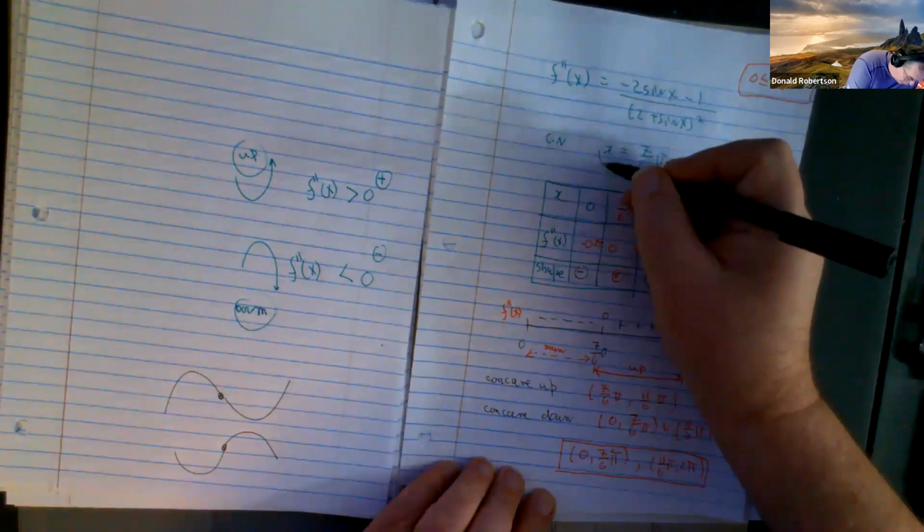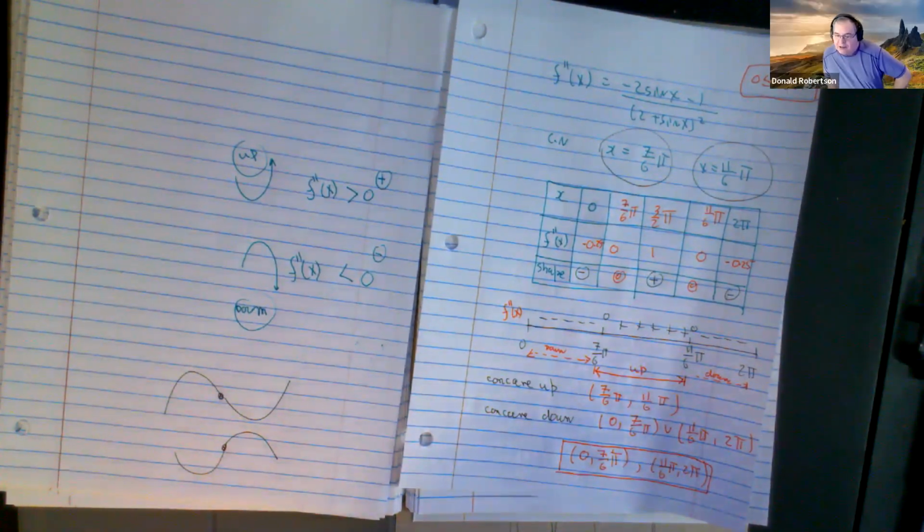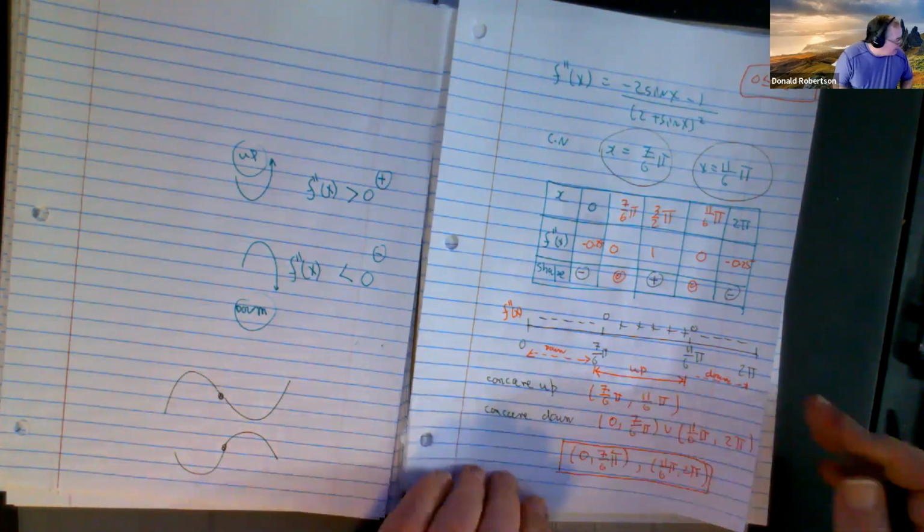The thing about inflection points is that we've already found our answer. Inflection points happen at the critical numbers. So that's going to be at x equals 7π/6, there's going to be an inflection point, and at 11π/6.